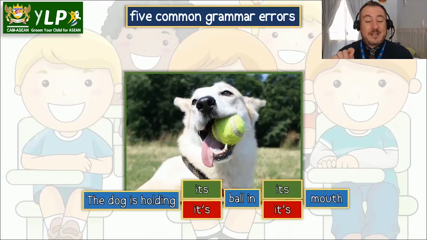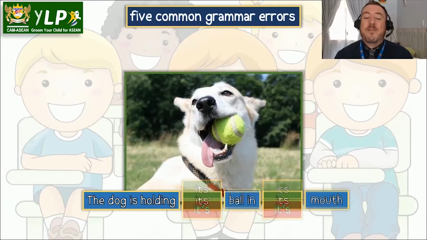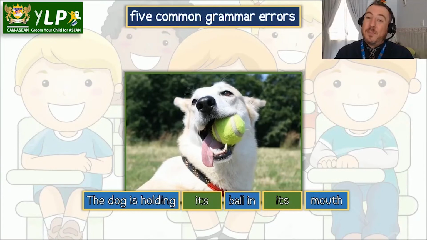The red its means it is. So the dog is holding it is ball in it is mouth. Does that make sense? No, that doesn't make sense. So it must be the green. The dog is holding its ball, meaning the ball belongs to the dog. We don't know if the dog is a boy or a girl, so we say its.